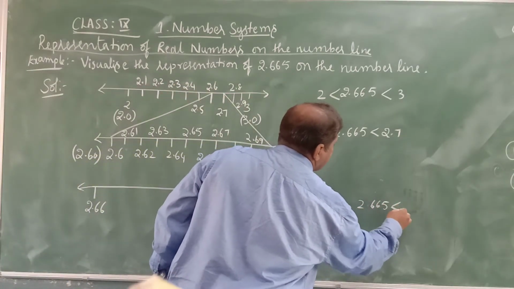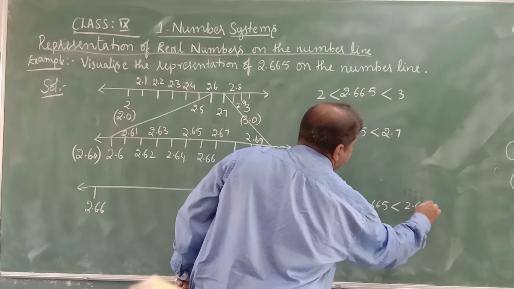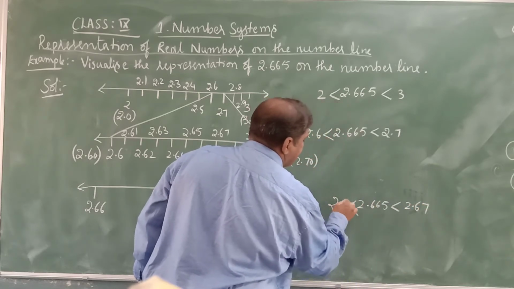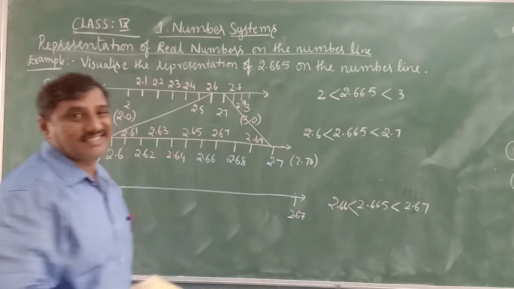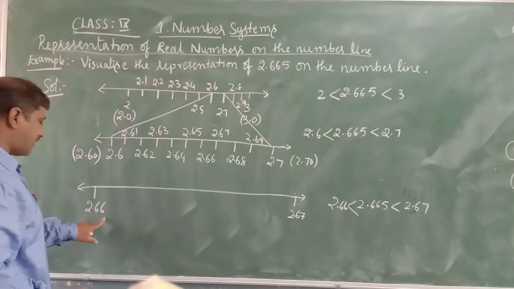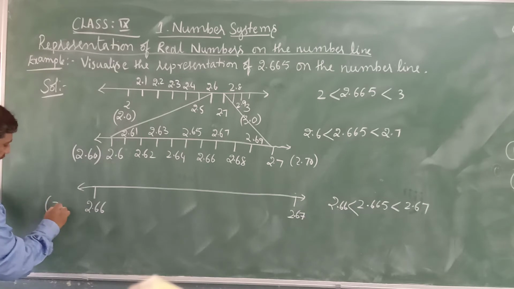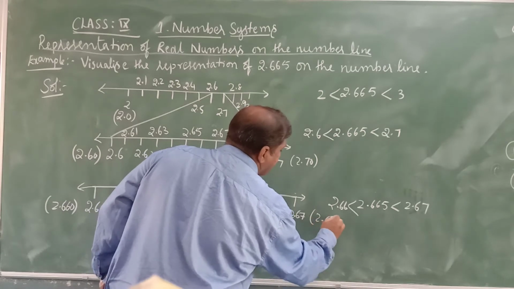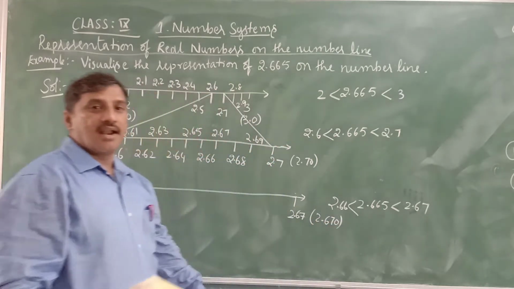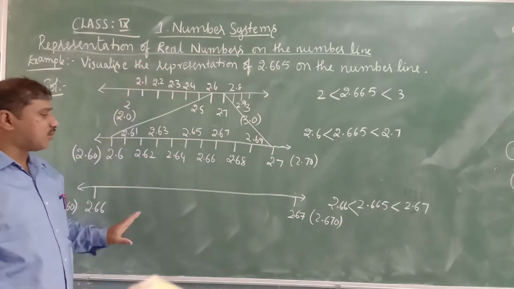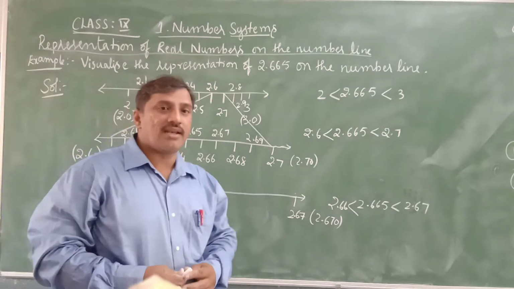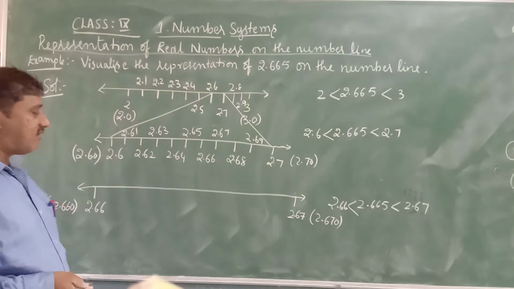Here 2.66 means 2.660 and 2.67 means 2.670.